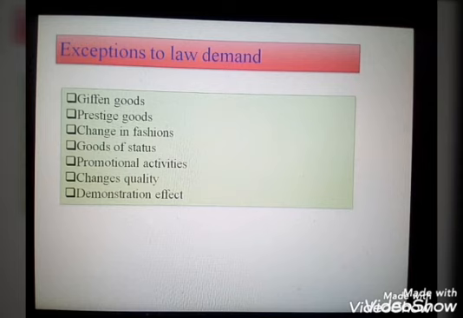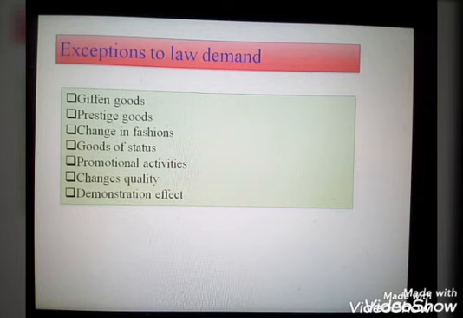Second is prestige goods. In cases of prestige goods, even though the prices are high, the people will buy those products because they have the purchasing power to afford that product. Changes in fashions. Even though the price falls, people will not buy outdated fashions because nowadays we go behind the trend and we want to try new varieties.